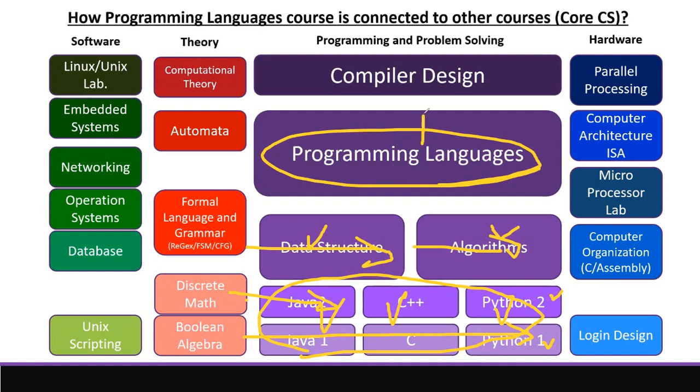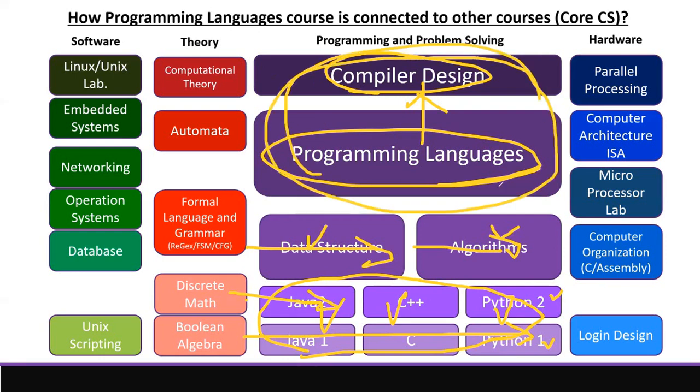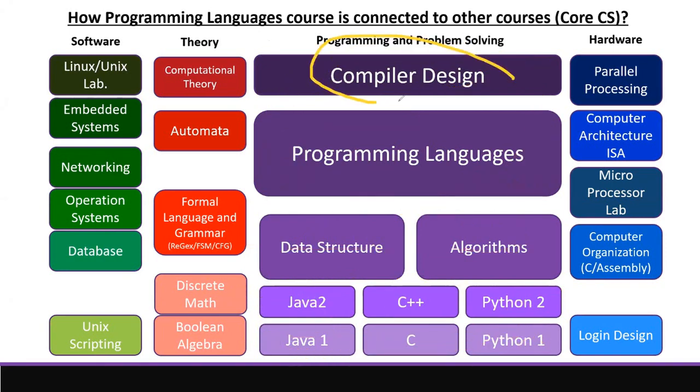After that, level 5 is compiler design. Some schools like Berkeley merge programming languages and compiler design into one semester course. Sometimes they are separate courses, like UC Irvine's two-quarter sequence.